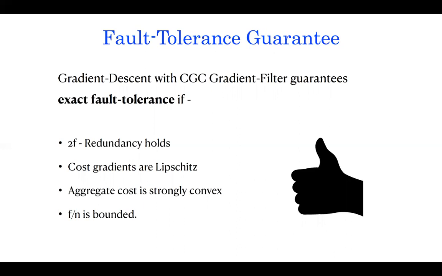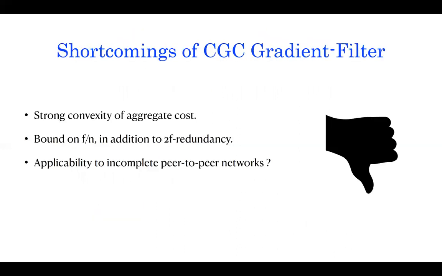Now, the fourth assumption here is the boundedness of the fraction. So besides 2F redundancy, we also need the fraction of the faulty agents to be bounded. Now, this, as we see, is slightly non-optimal.